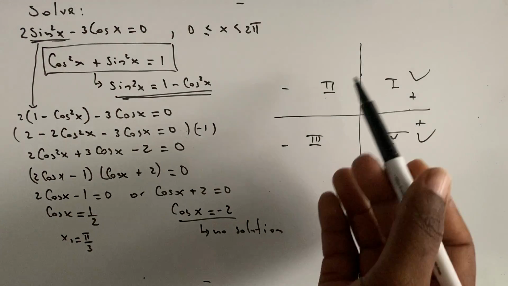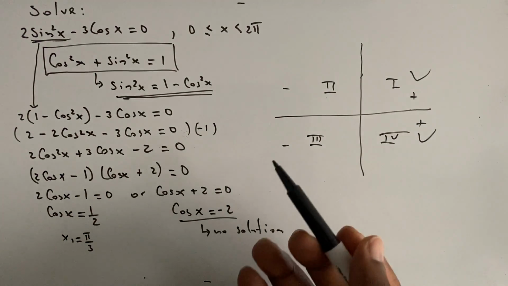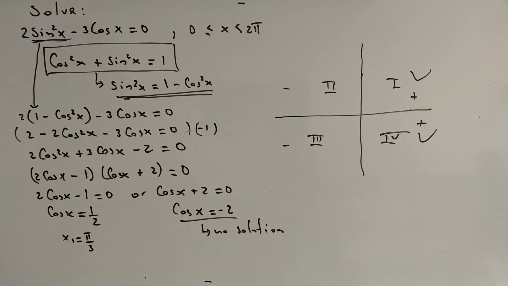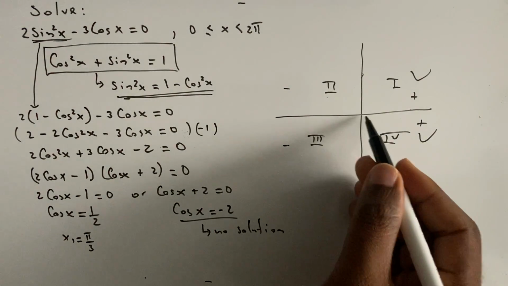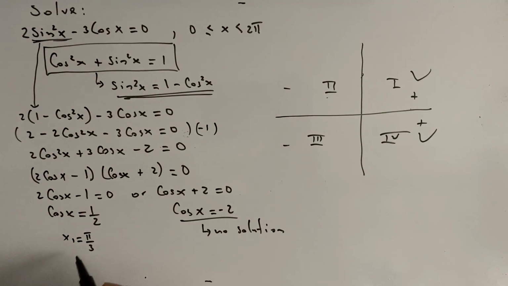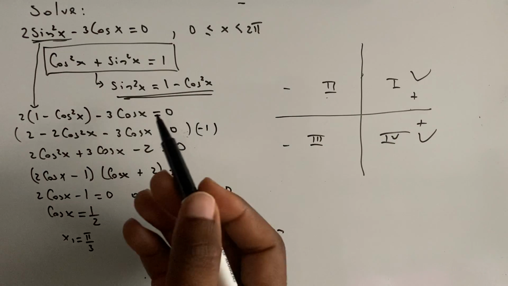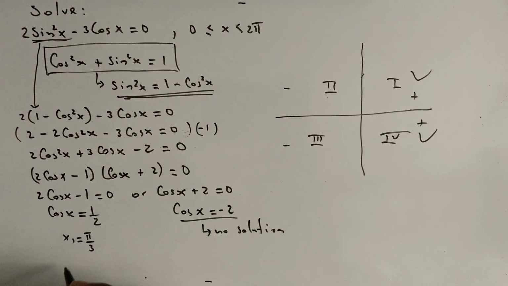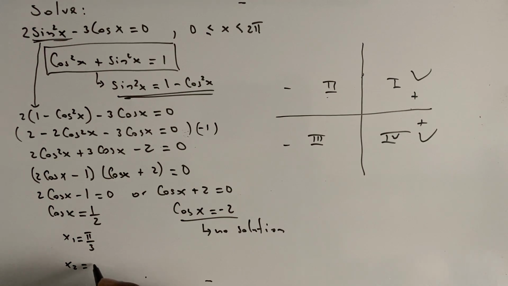Again, there's a way to memorize these. I showed it to you in another video of mine as well, so you can check that out in my trigonometry playlist. Now, the other angle, in the fourth quadrant, whose cosine will be half is 5 pi over 3.